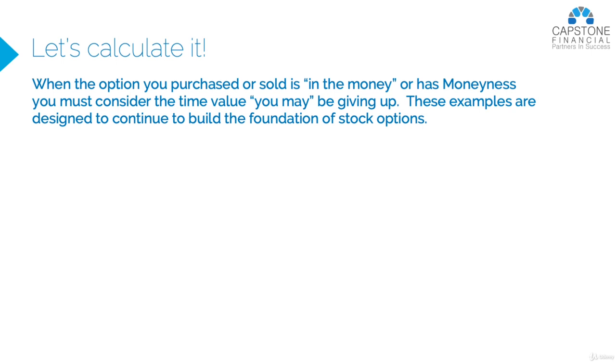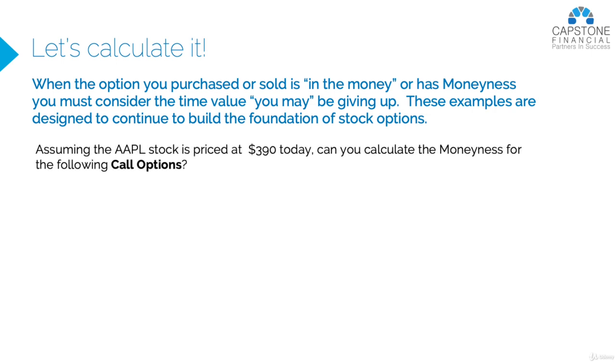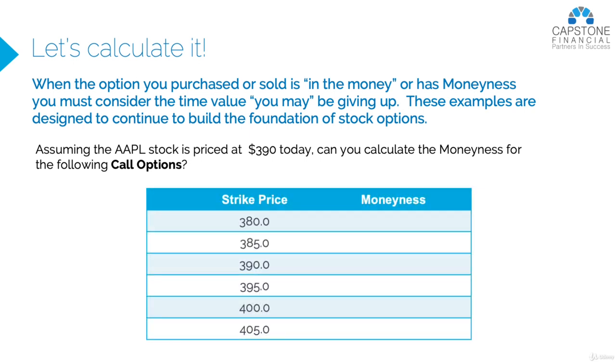I don't want to spend too much time calculating these numbers. I really want the point to be made so that we understand what it means when you have a stock trading in the open market versus what strike price you selected. Let's assume Apple stock today is trading at $390, and we have the strike prices there to the left. This is a good example as to what the strike prices are going to look like when you go and buy your first option.